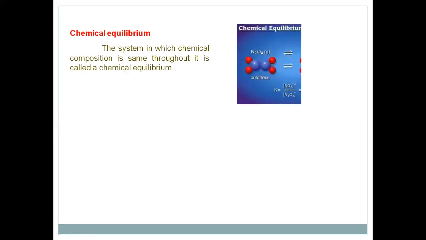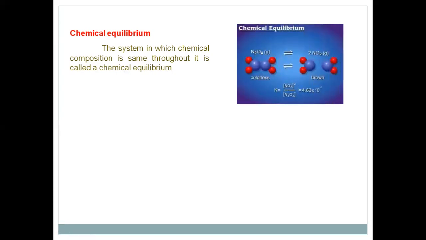One example we may see here: this is nitrous oxide, and this is nitrogen dioxide. The chemical reaction between them stops when the material has the same distribution of molecules. This is one example of chemical equilibrium.